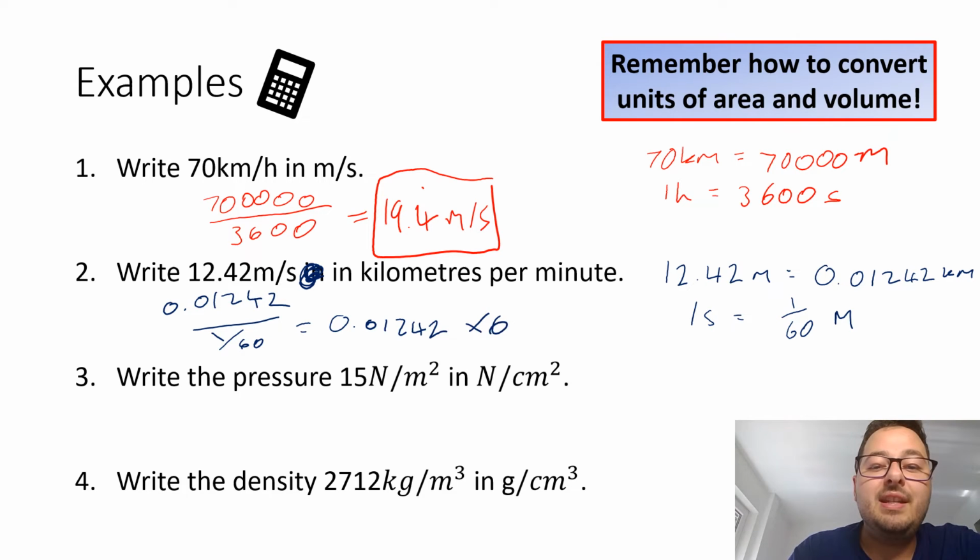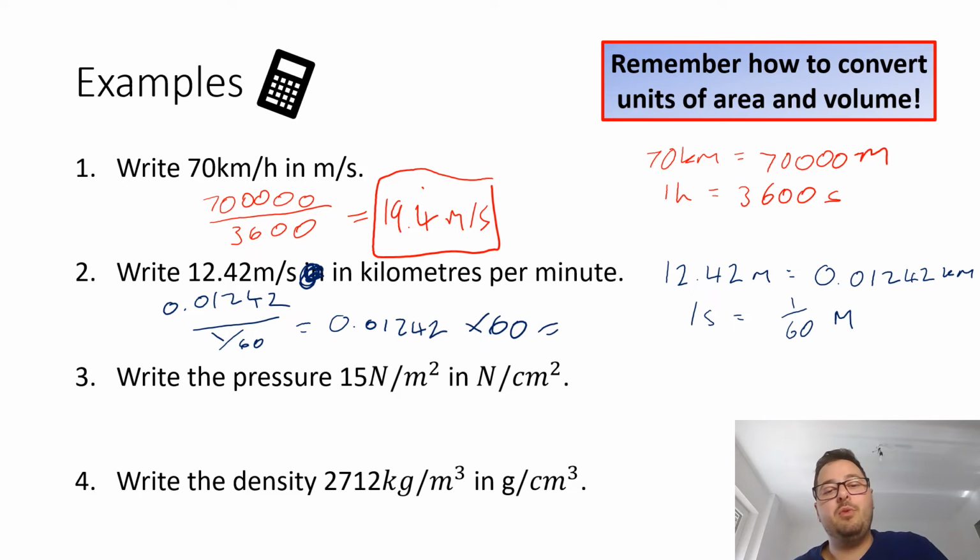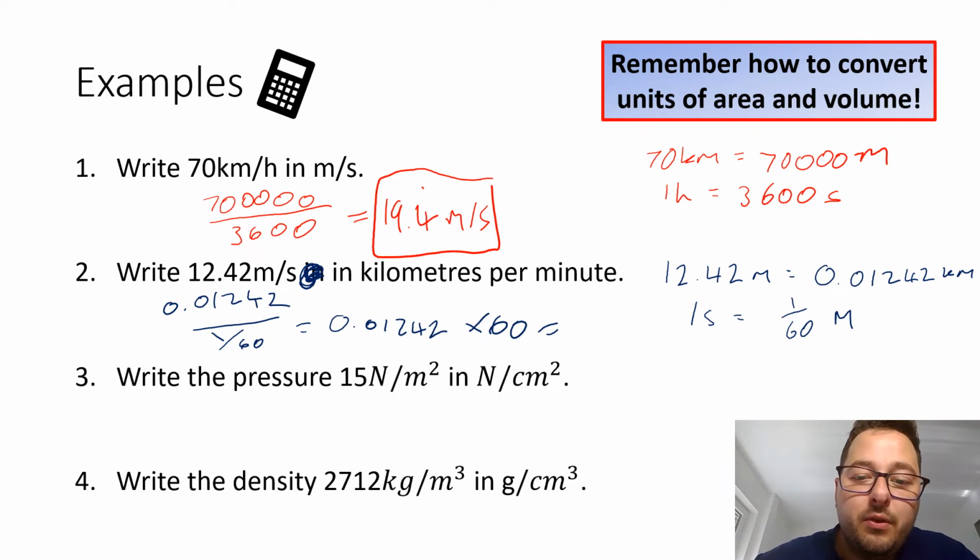If you put divide by 1/60th into your calculator, you'd get the same answer. So 0.01242 times 60, and we end up with 0.7452 kilometers per minute.